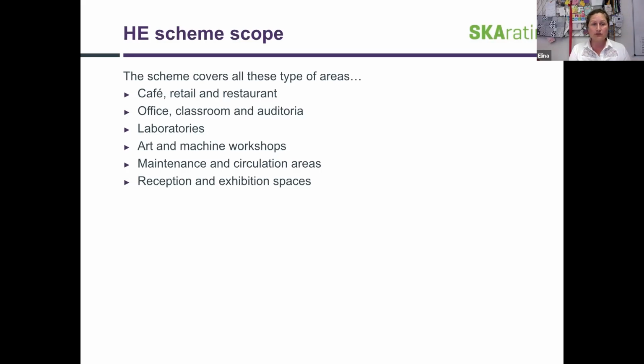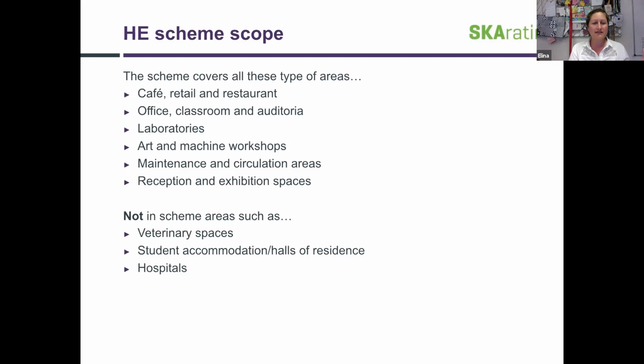It's unusual to include reception, as opposed to, for example, the offices and retail schemes, because reception areas are quite broad when it comes to HE buildings, as they serve quite a public nature. Then we don't include certain areas related to veterinary spaces and hospitals, as those are more healthcare related, and also student accommodation and halls of residence.